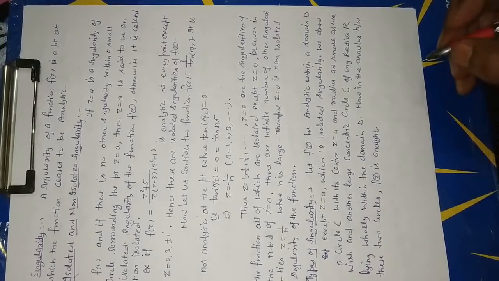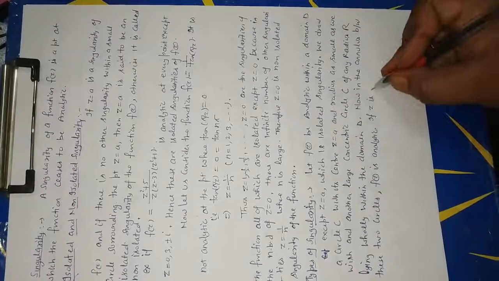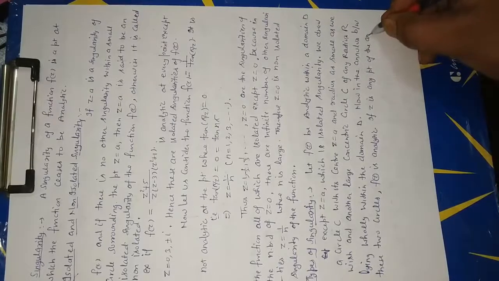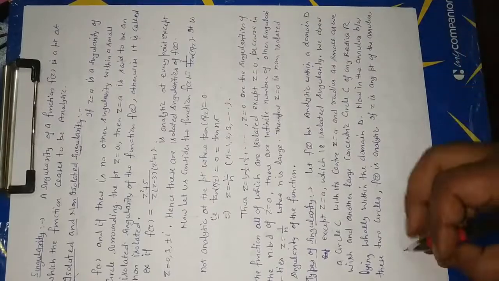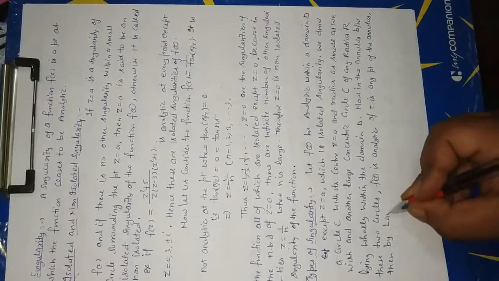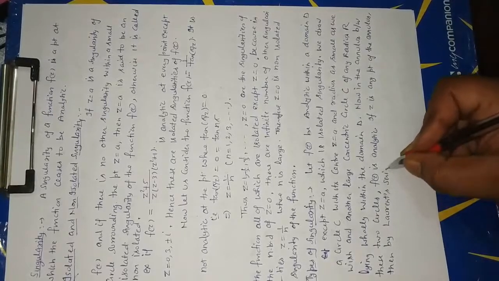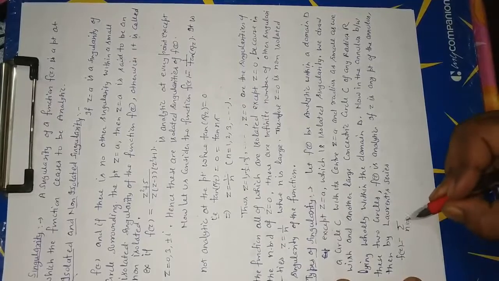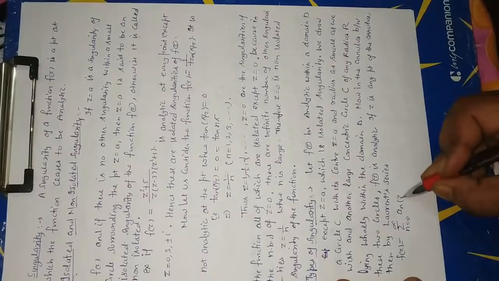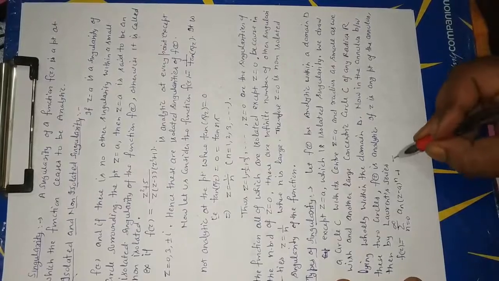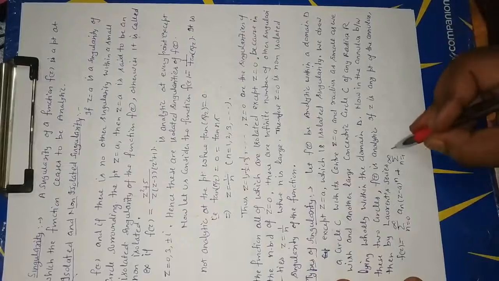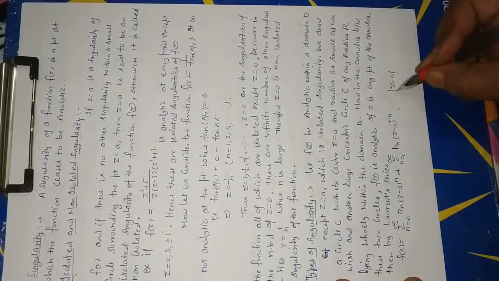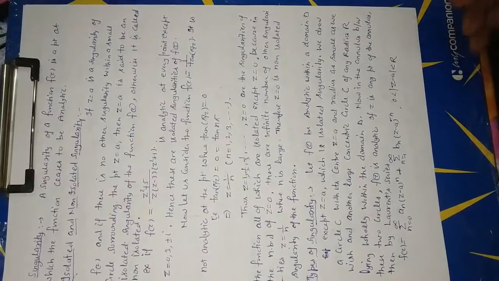If z is any point of the annulus, then by Laurent series, f(z) equals the summation n equal to 0 to infinity of a_n (z minus a) to the power n, plus the summation n equal to 1 to infinity of b_n (z minus a) to the power minus n, where 0 is less than modulus of z minus a, which is less than R.